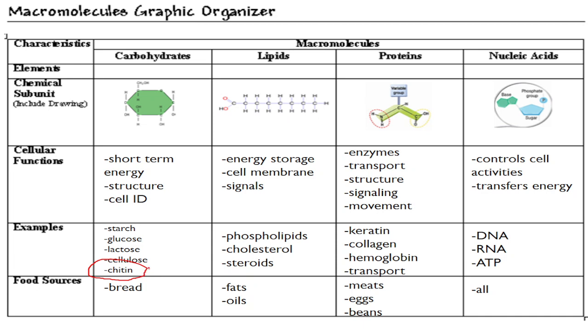Tama ba? Yeah, if I'm not mistaken. Then the food source is bread. For lipids: phospholipids, cholesterol, steroids, and fats and oils. And then for proteins: keratin, collagen, hemoglobin, for transport. Sources are eggs and beans. For nucleic acids: DNA, RNA, ATP.